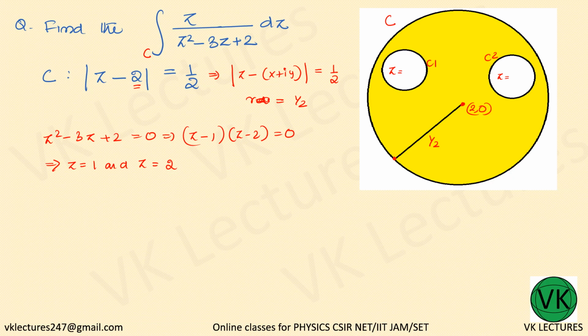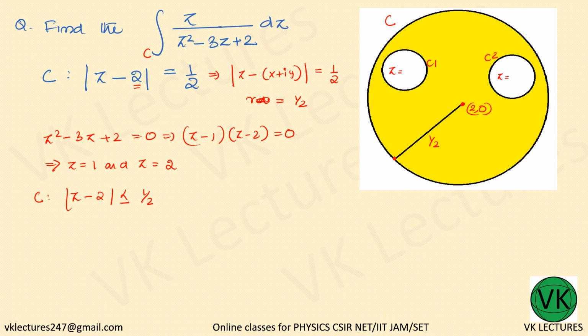We want to know whether each is inside or outside C. To do that we substitute in the contour equation: mod z minus 2 has to be less than or equal to half. If it is less than half, it is inside. If it is greater than half, it is definitely outside this radius.